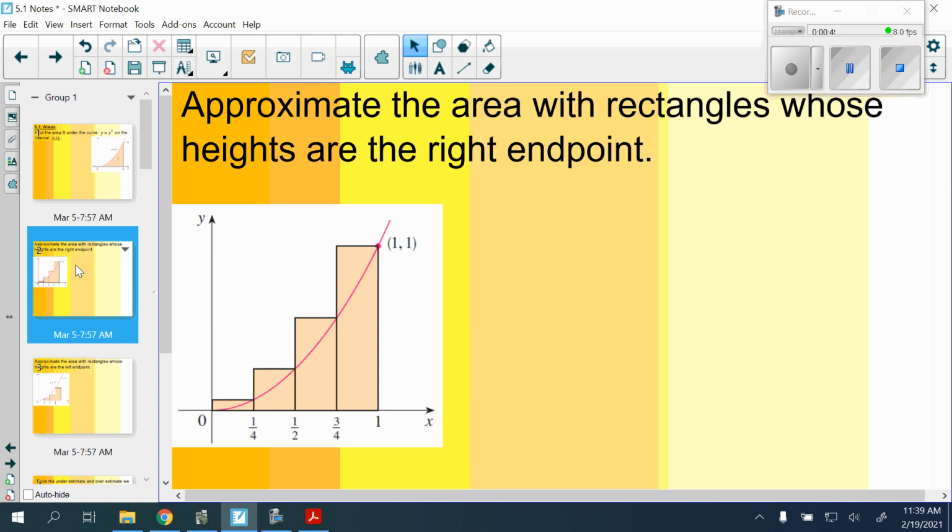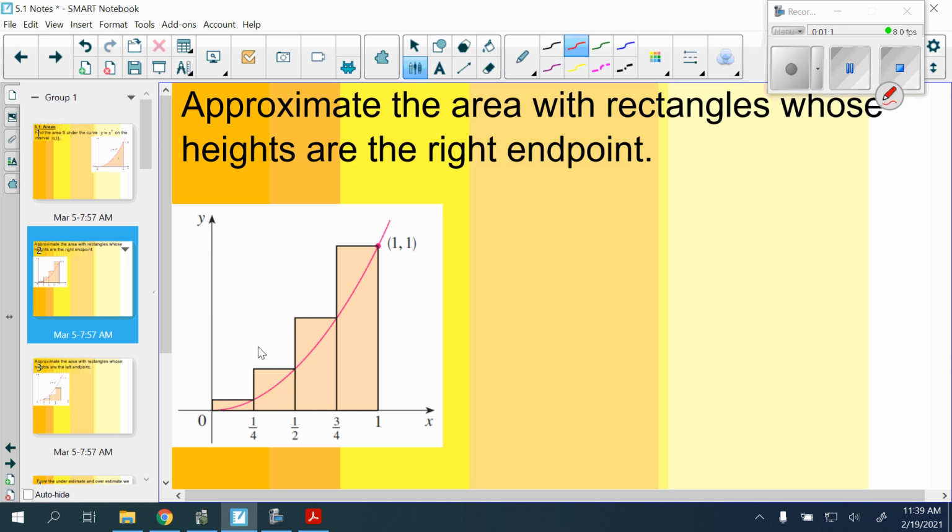Now you can see from the picture here, if we use the rectangles listed here, we're definitely going to get an area that's somewhat close, but it's definitely going to be an overestimate because we got this extra area outside of the graph that is not going to give us a perfect picture, but does give us an estimate.